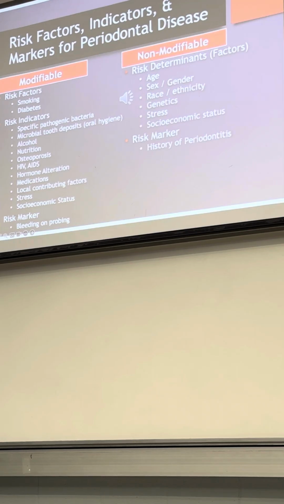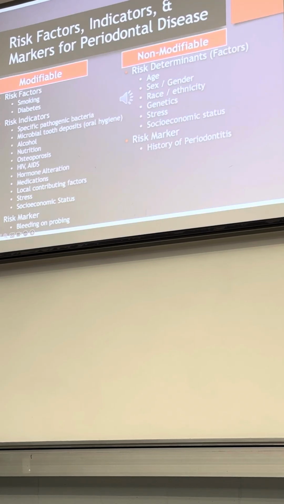So before we go further, take a look at the list, modifiable and non-modifiable. What do you notice? There's something that should stand out that's on both of those. Stress, yep. Stress. So how could stress be modifiable and non-modifiable?